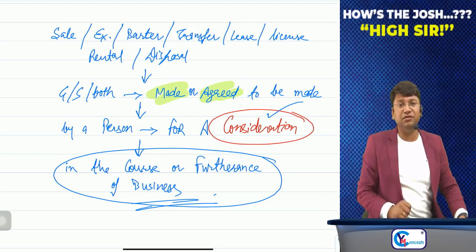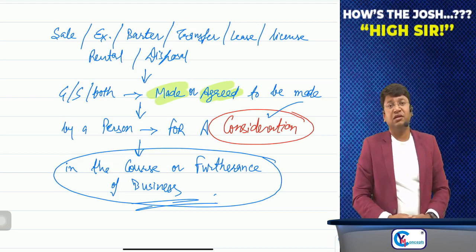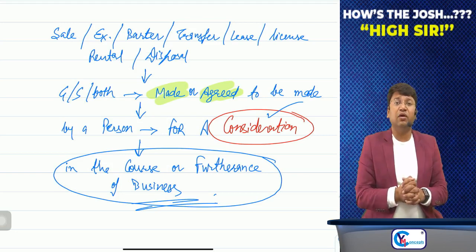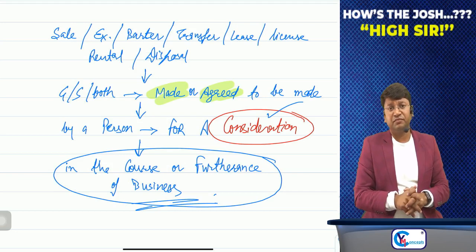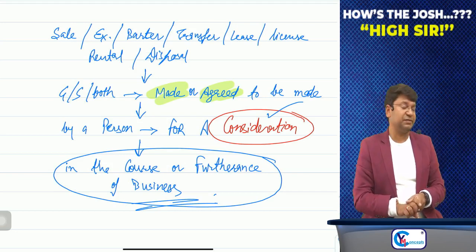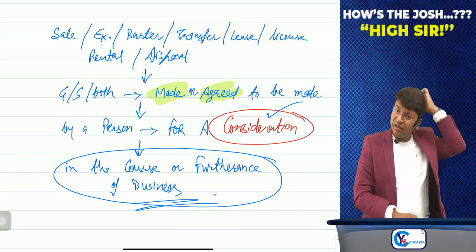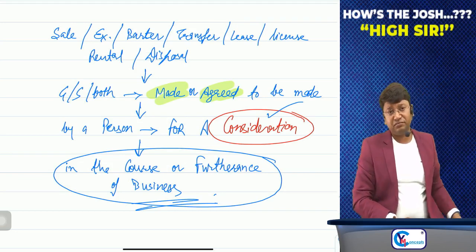But at the same time, suppose any mega event is being organized by any charitable institution, and in that mega event huge gathering is expected. They approached any businessman.